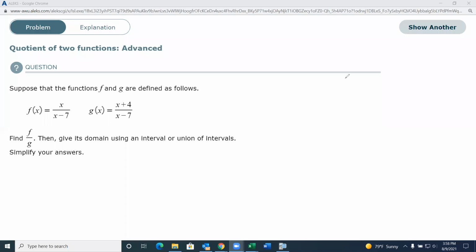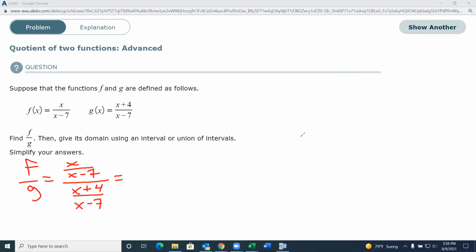Okay, so now let's do the division version. Combine two functions with division. Okay, so it says let's go f over g. Find f over g. All right, so that just means divide the f function by the g function.